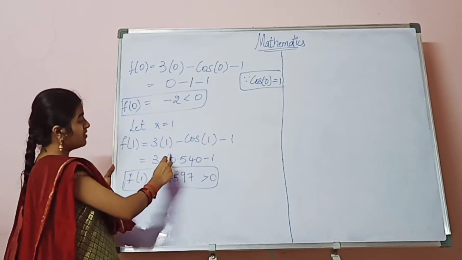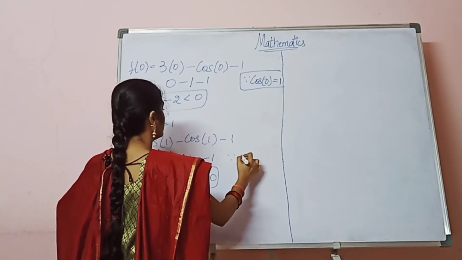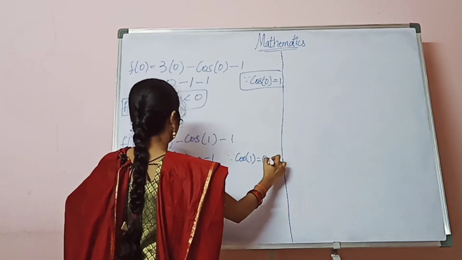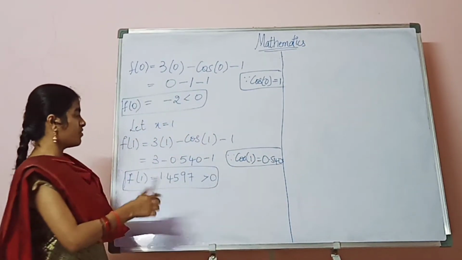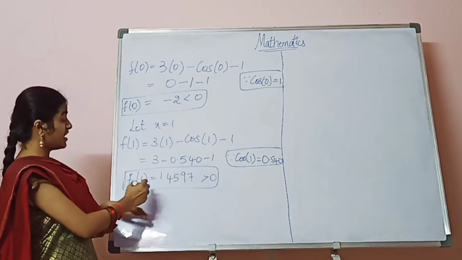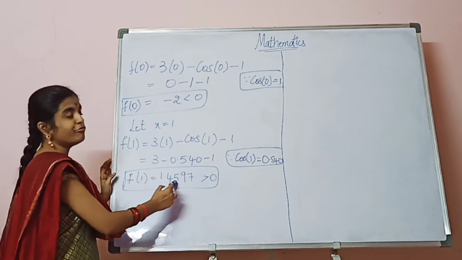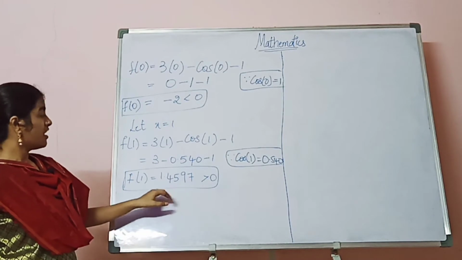So 3 ones are 3. Since cos 1 equals 0.54, cos 1 value is 0.54 minus 1. After calculating this, f of 1 equals 1.4597, which is greater than 0.